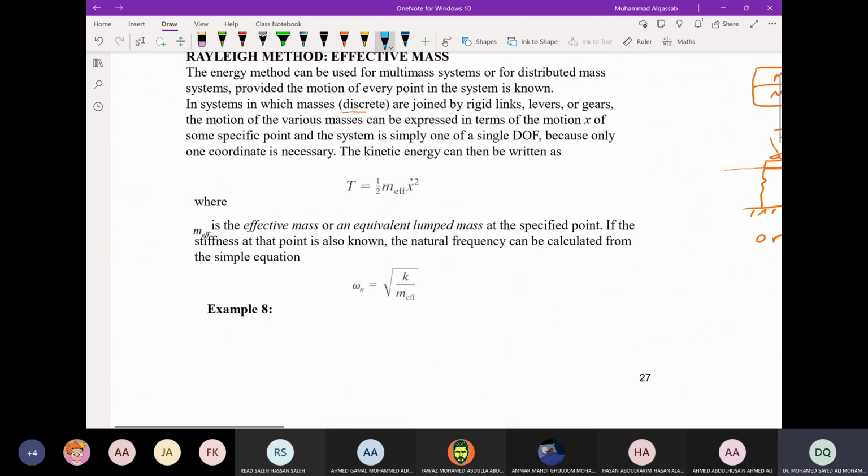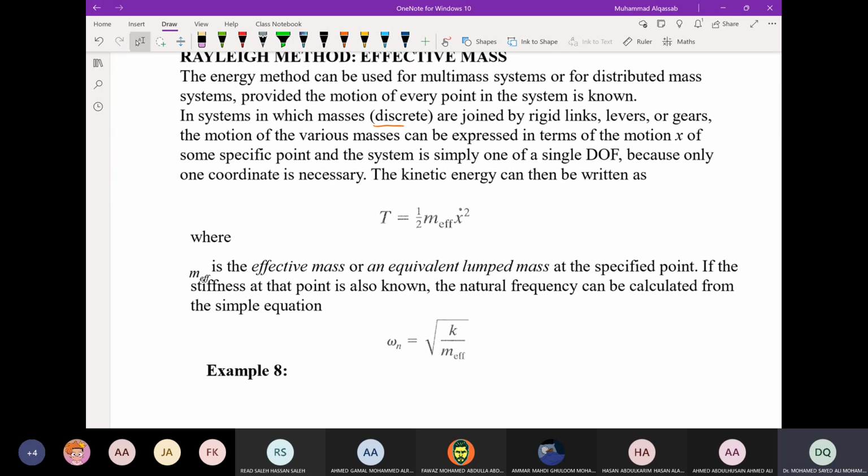The idea here, as mentioned, is that in systems in which masses are discrete, joined by rigid links, levers or gears, which are all rigid components, the motion of the various masses, M1, M2, MA, MB, whatever, can be expressed in terms of the motion X of some specific point.